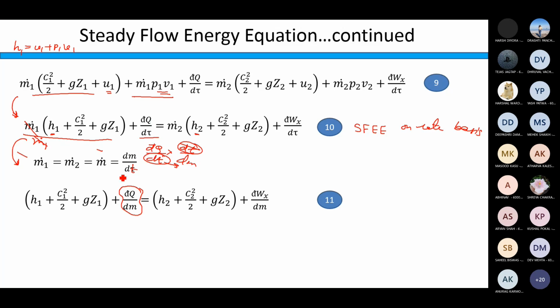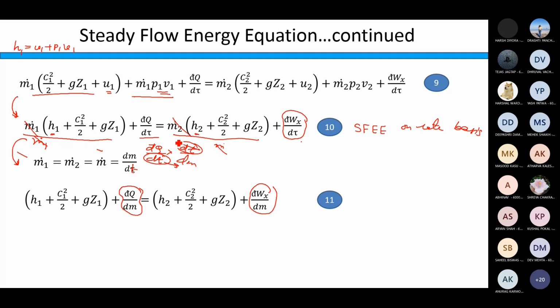cancelled when you divide this by the mass flow rate. In the same way for the work also, when you divide this term by the mass flow rate, you will get the work transfer per unit mass. And when you divide by m dot here, this will get cancelled.